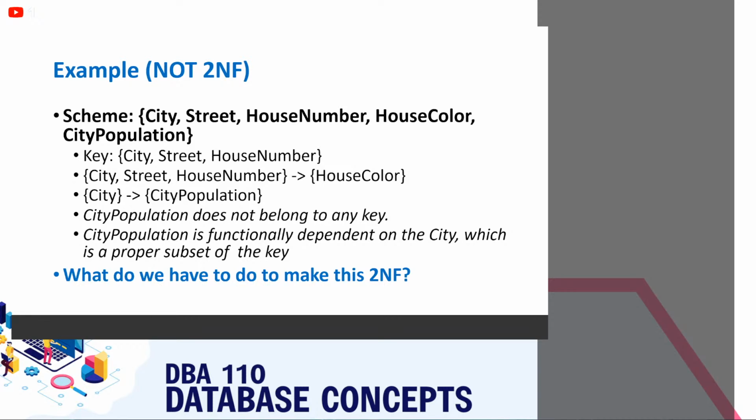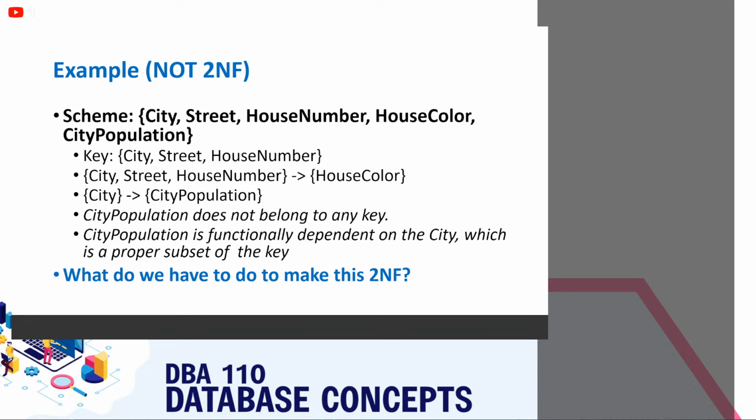But in this instance, city population is functionally dependent on the city, which is a proper subset of the original key for this particular table. So what do we do here to get this into second normal form?